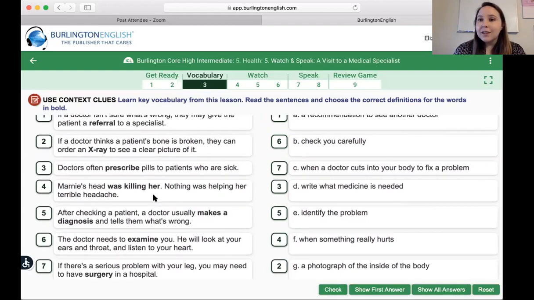So really quickly, let's go through these words. Repeat after me. Referral. Referral. The emphasis is on fur, so you're going to say referral. Number 2, X-ray. X-ray.